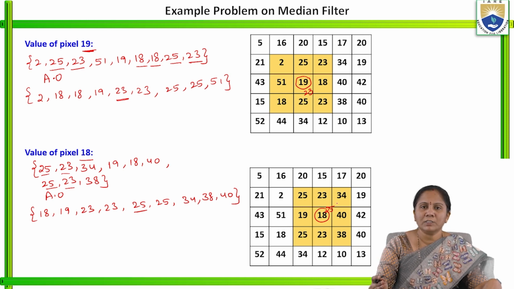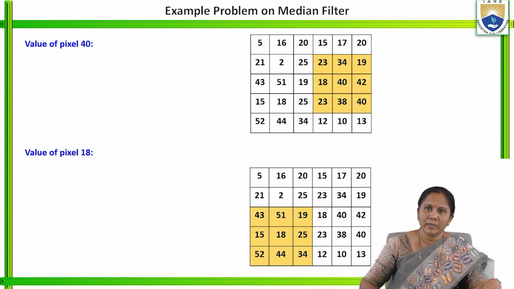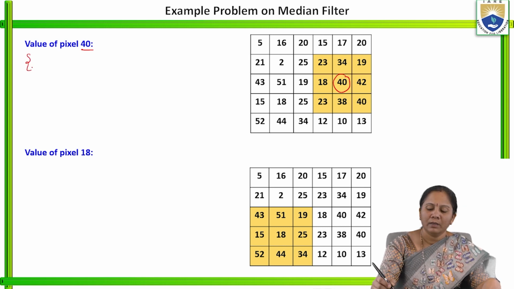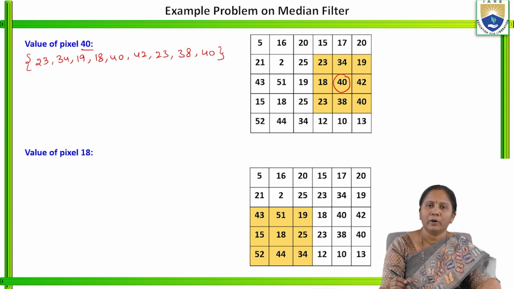Next, by shifting this mask towards right by one column, then 40 will become the center pixel. New value of 40 need to be calculated and the sub image will be looking like this. We have to find the new value of this 40. So considering all the neighborhood pixel values for this center pixel, we have 23, 34, 19, 18, 40, 42, 23, 38, 40.